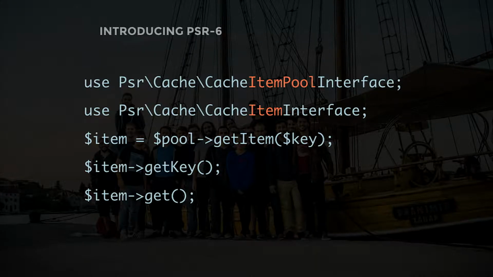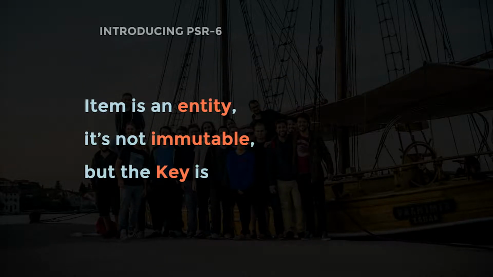You can also do isHit to see if it's available in the cache store or not. So the item is the entity, and it's not immutable, but the key is immutable. So if you have one item, it will always refer to the same item in the store because it will always have the same key. The key never changes. That's immutable. But the value can change.